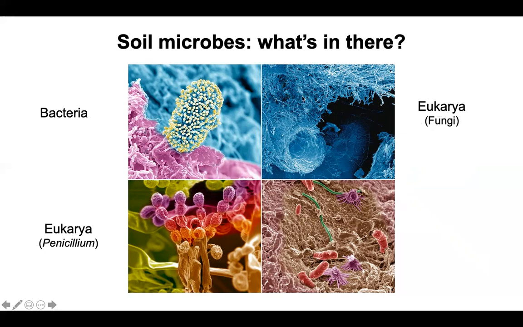And that fungi, you can see it's got this net everywhere. Over here we have another eukarya, which is also a fungi, but this is a very specific type of fungi. It's Penicillium. Now, Penicillium sounds like penicillin, which is because penicillin is an antibiotic, and it was derived from a soil microbe, from these spores.